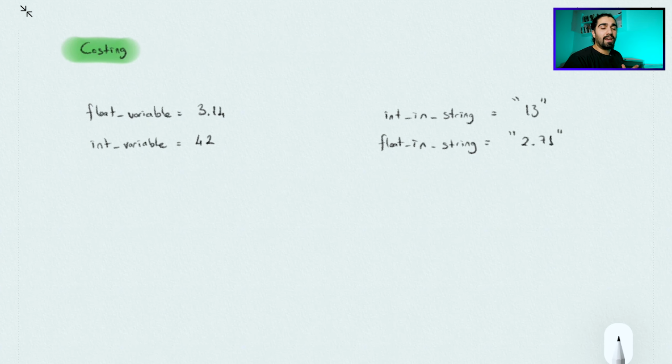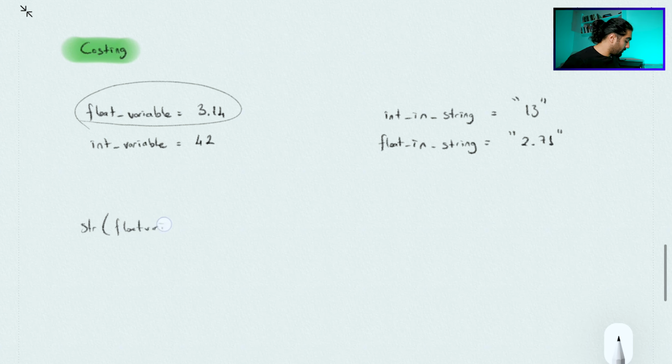What we have done here is use the str function and convert one data type to another. This is called casting in Python, and we can do this with other data types as well. For example, if you want to convert a float to a string, you will just use the str keyword and put this variable into this function. Let's say float_variable, of course with an underscore, and it will give you a result something like 3.14 in a string.